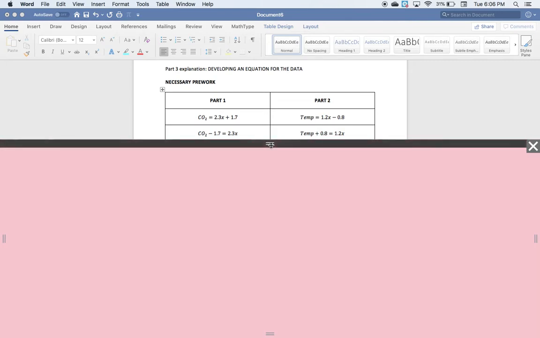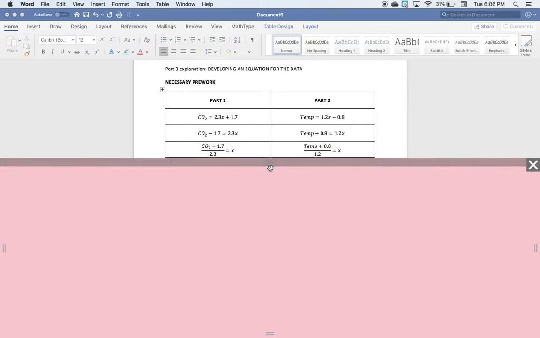So let's do that. What I end up getting is CO2 minus 1.7, all divided by 2.3, equals x. For part two, I get temperature plus 0.8, all divided by 1.2, equals x. Now, I'm going to simplify this a little bit. Notice that CO2 and temperature here, if I was to add a constant before it, it would just be 1.